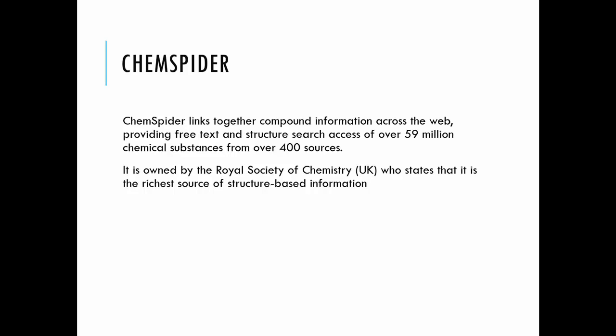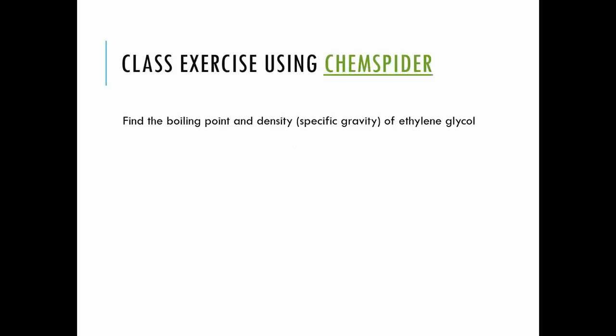As I stated before, there are over 130 million chemical substances that have been reported. 59 million of them are in this ChemSpider database. So that's almost half of the substances that are known. So it's very easy to find. It's just www.chemspider.com. So let's take a look at ethylene glycol on that.